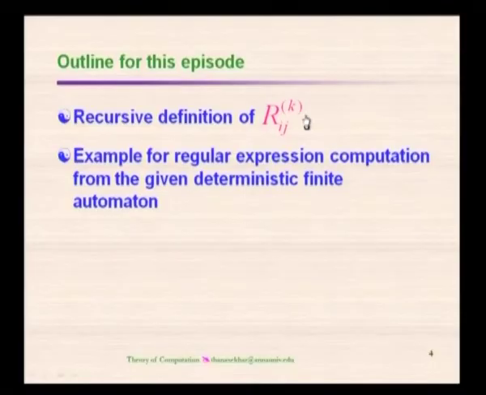As far as the computation of a regular expression from the deterministic finite automata is concerned, we need to define a recursive definition, and in it we will use a notation R_ij^k. What it denotes is: from the starting state i to the final state j, with the help of intermediate states numbered not more than k.